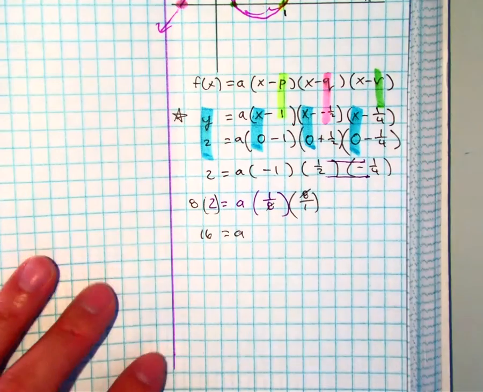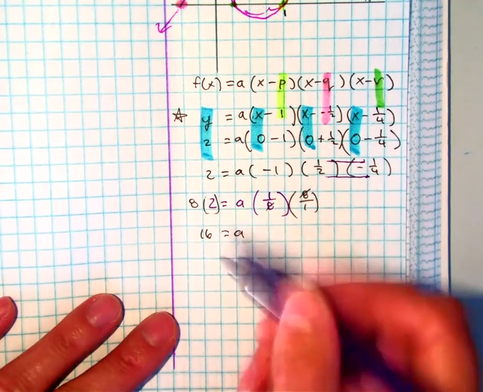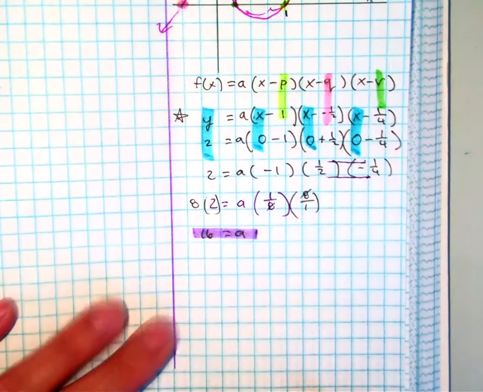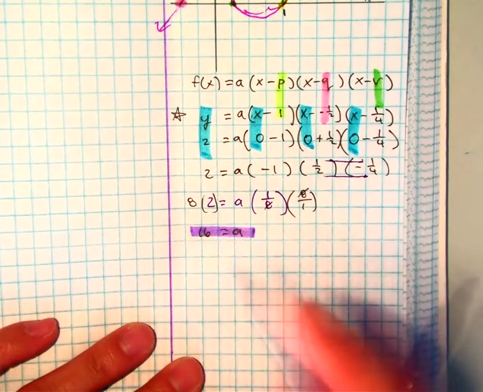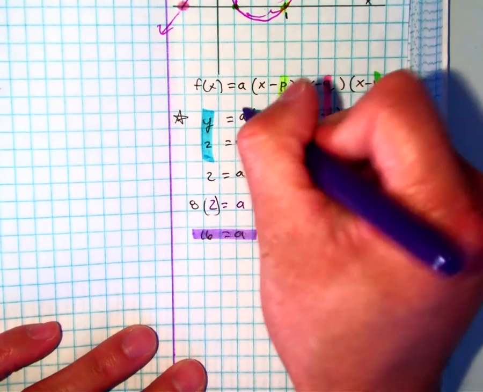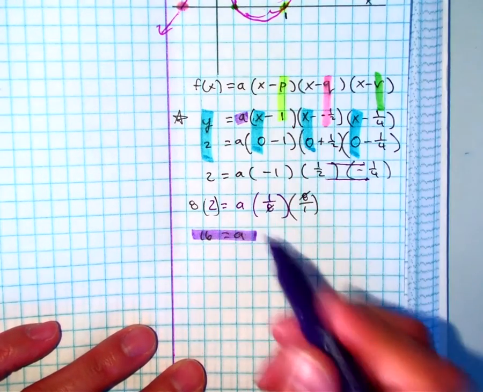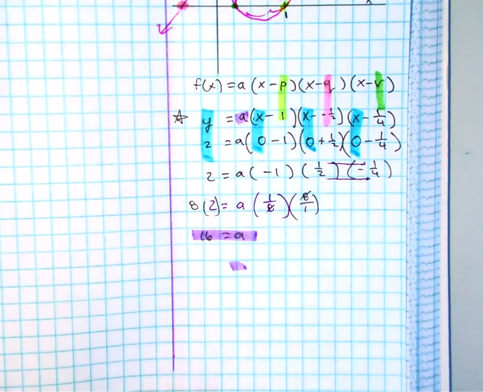Do I have any more colors? Oh yeah, purple. So with an answer of a equals 16, I can come back up here to this original problem and just basically put in 16 there, and that's what I'm going to do.